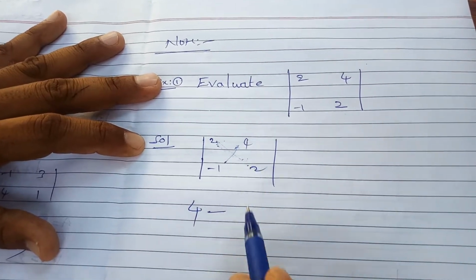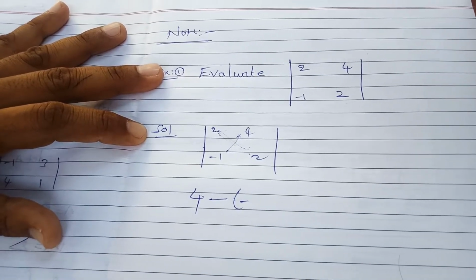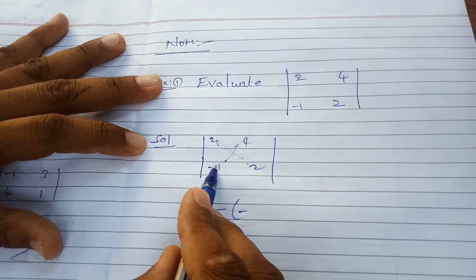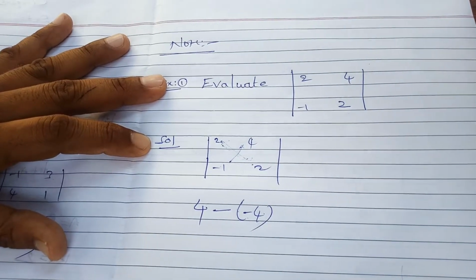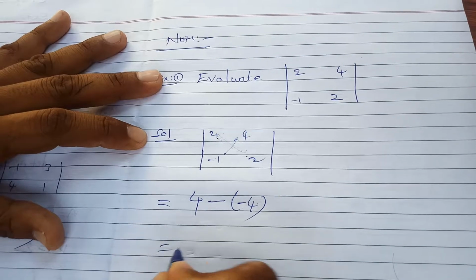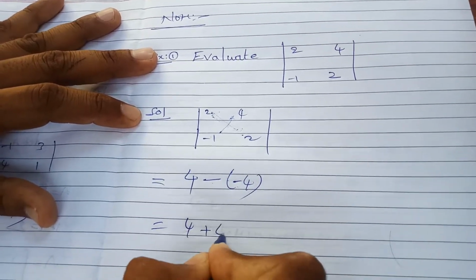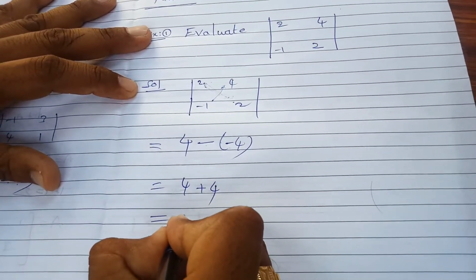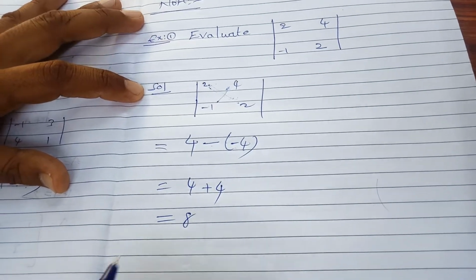Minus into the place is again minus, inside the bracket we have to write, remember. Minus of -1 into 4 will be -4. Then the result of this will be 4, minus into minus is +4, and 4 plus 4 is 8. That's all. This is example 1.